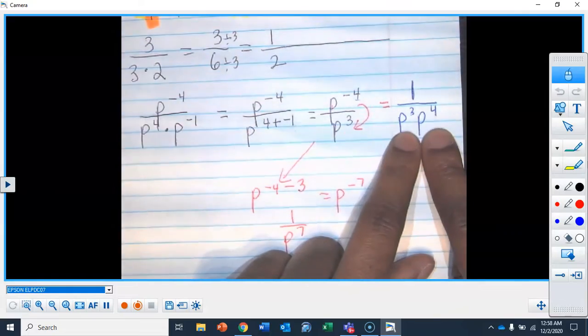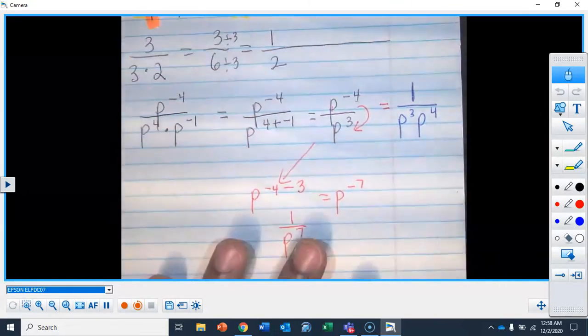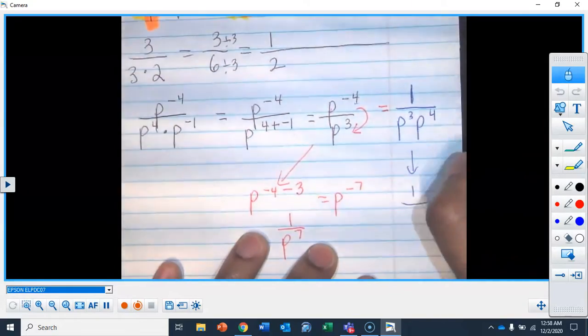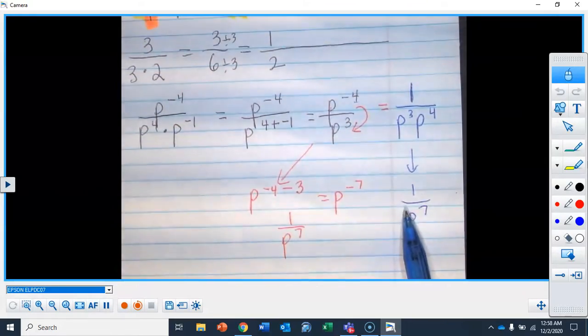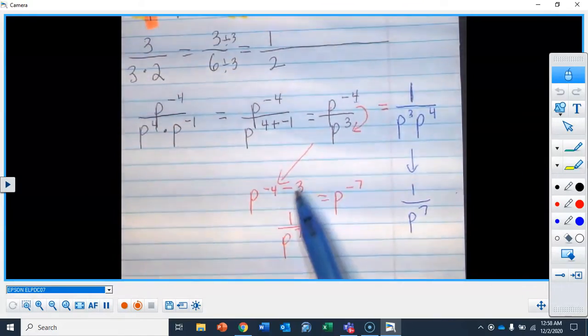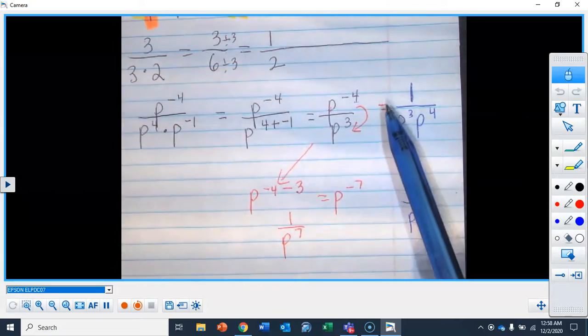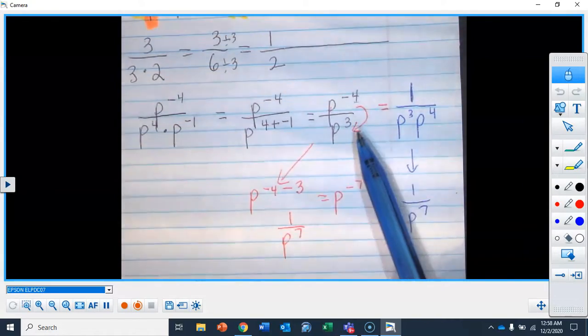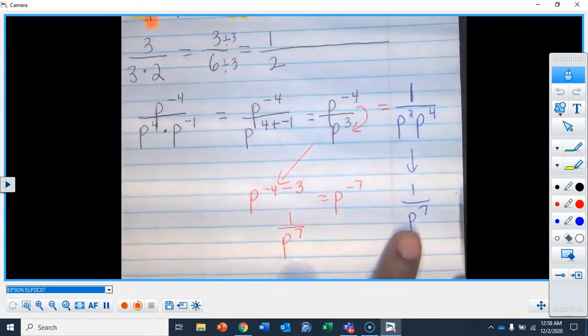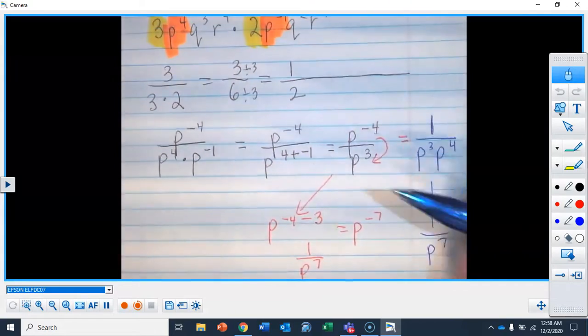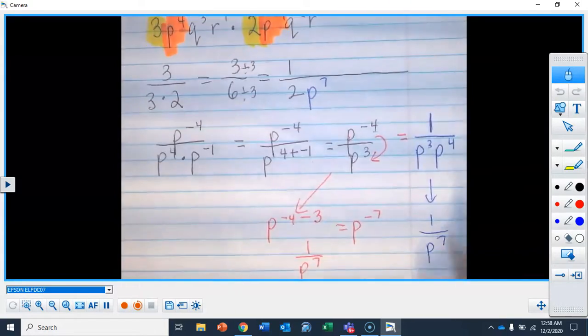This is still the product of power, so you have to add, and this is 1 over p to the 7. I just did 3 plus 4. Same answer. Okay, so if you like doing it with the actual math, or if you like moving your negative exponents to different locations and then looking at it, you're going to get the same answer. So this is in the denominator. It's very clear that that p to the 7 should be down here.